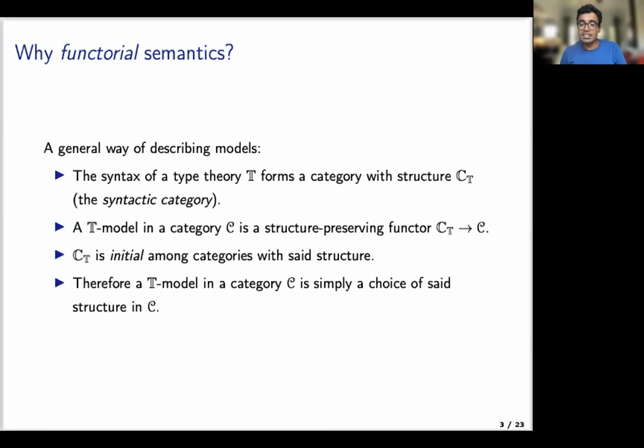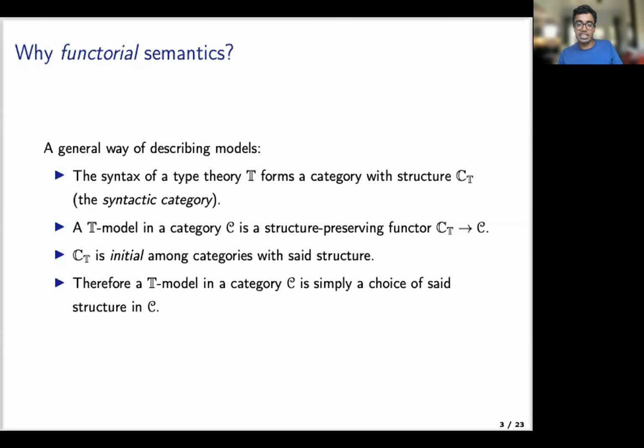And once this category has been constructed, then a model of our theory can be seen as simply a structure-preserving functor from this category. Now, what the structure is depends on the theory itself, but a model is always some functor, some presheaf, if you like, valued in an arbitrary category. Moreover, it so happens that the syntactic category that we construct is initial among all categories with the right notion of structure and morphisms of that structure.